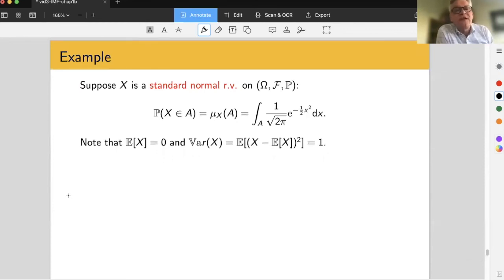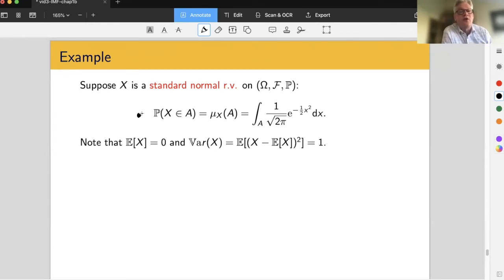Suppose X is a standard normal random variable on (Omega, F, P). Because it's a standard normal, we have all the information regarding the distribution measure, and we can write that down. So that is written down here. The P of X in A, that is the distribution measure, mu sub X of A. And we know that for a standard normal, that is the integral over A of 1 over the square root of 2 pi e to the power minus 1/2 x squared dx.